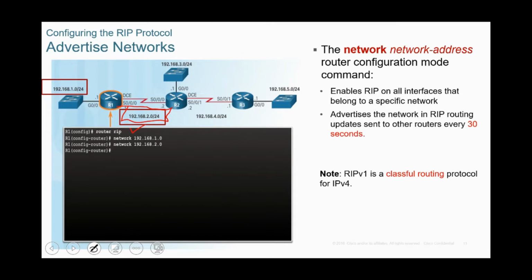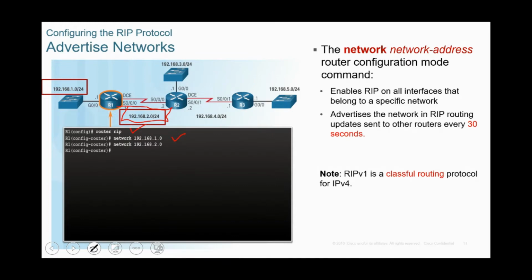Okay, when you do this, router RIP by default is using RIP version 2. RIP version 1 is a classful routing protocol for IPv4, but version 2 is a classless routing protocol. So you have to configure a network, which is network 192.168.1.0, okay, without any subnet mask, by default.